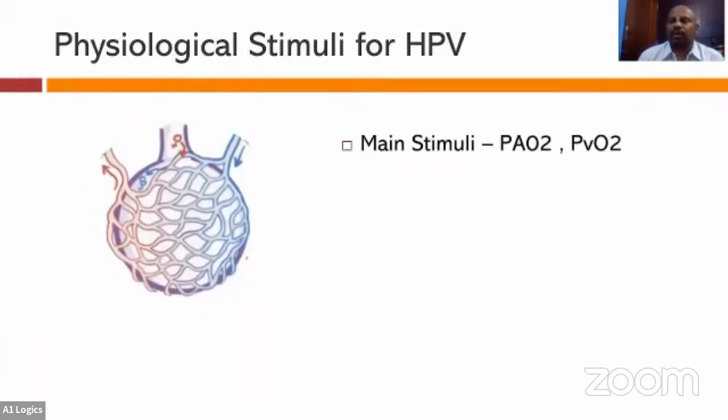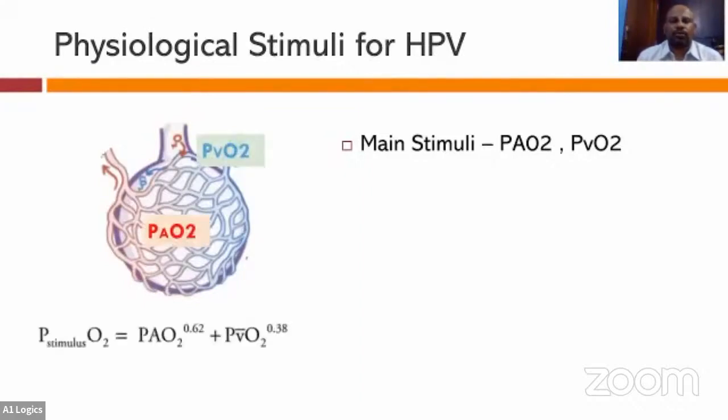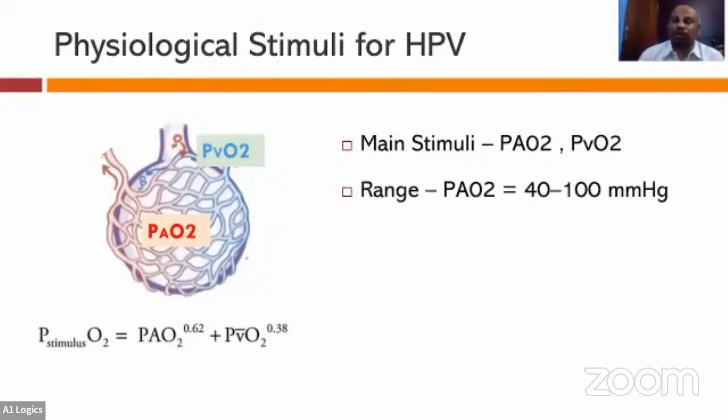The main stimuli are the partial pressures of oxygen in the alveoli and, to some extent, in the pulmonary venous blood. The alveolar oxygen partial pressure is a more potent stimulus here, as you can see through this formula. The PaO2 range in which HPV is very active is 40 to 100 millimeters of mercury.